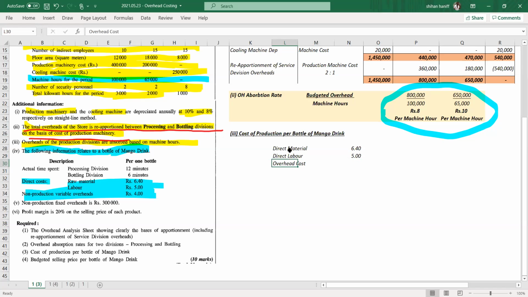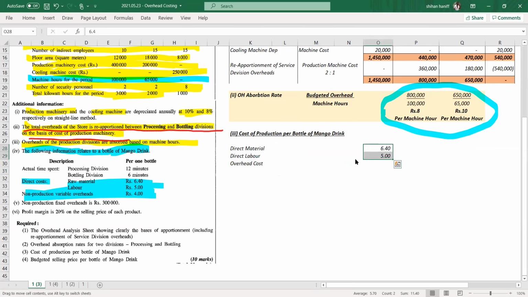Overhead cost: there are two departments, processing and bottling.